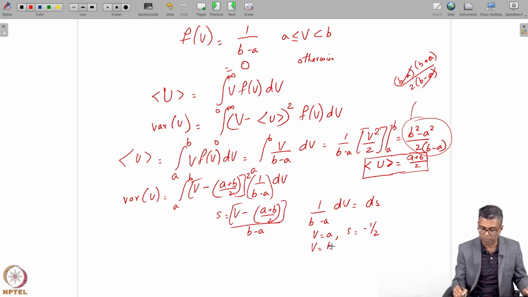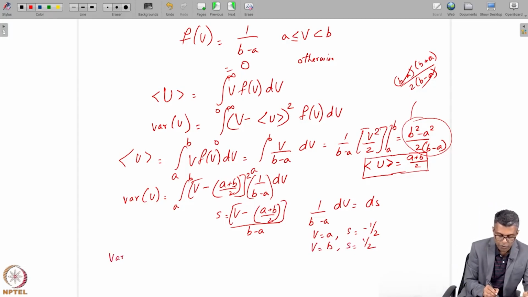When v is equal to b, s is equal to plus half. So your variance of u becomes the integral from minus half to plus half of s squared ds, isn't it?